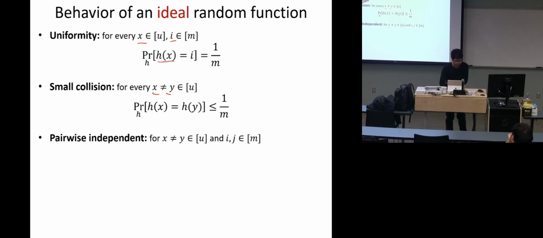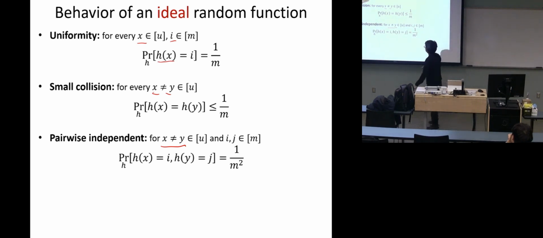That is, for any different keys x and y and positions i and j, the probability that x is mapped to i and y is mapped to j is 1 over m squared. Okay. You can actually say that this thing implies both of these. You can try to look at why this is the case.